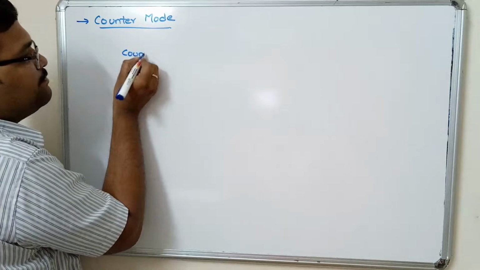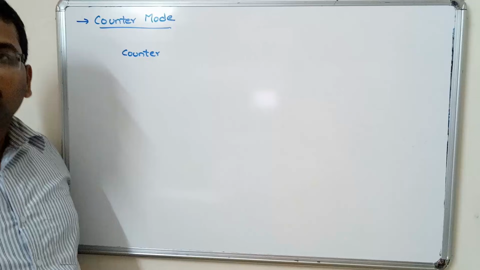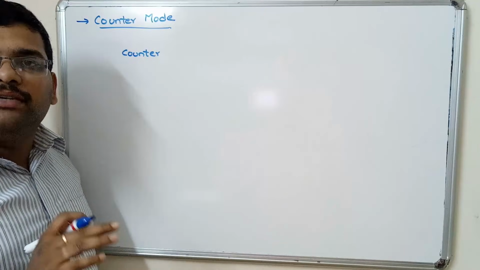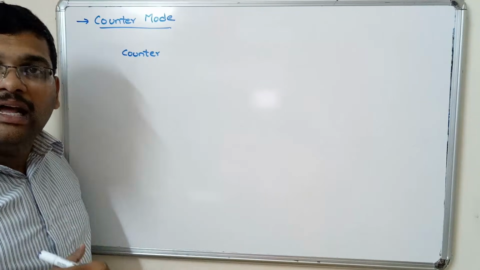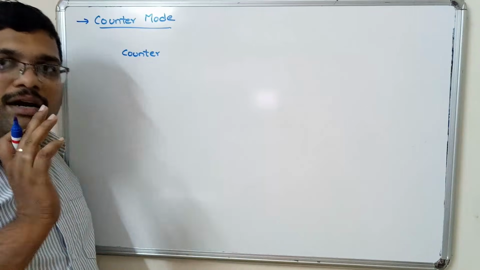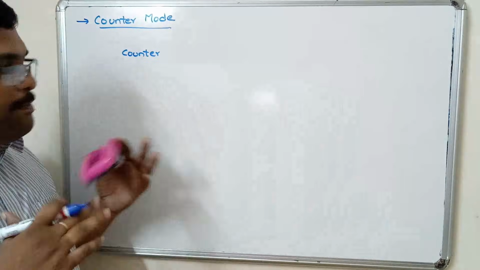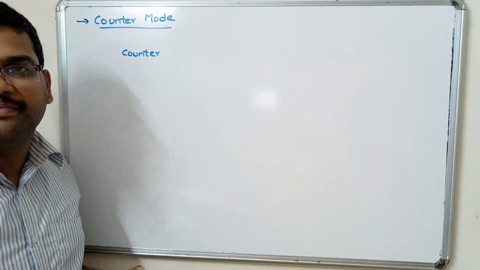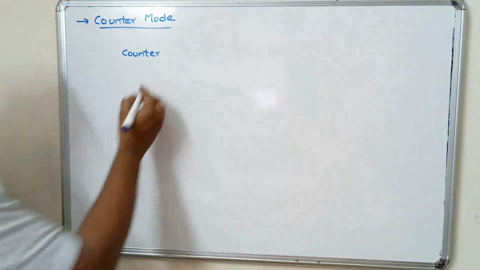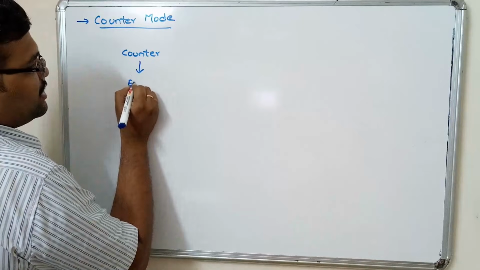Consider a counter value whose length is equal to the plain text block. Here the length of the counter and the plain text block must be the same, because we have to apply the XOR operation. So consider the counter and encrypt this counter.